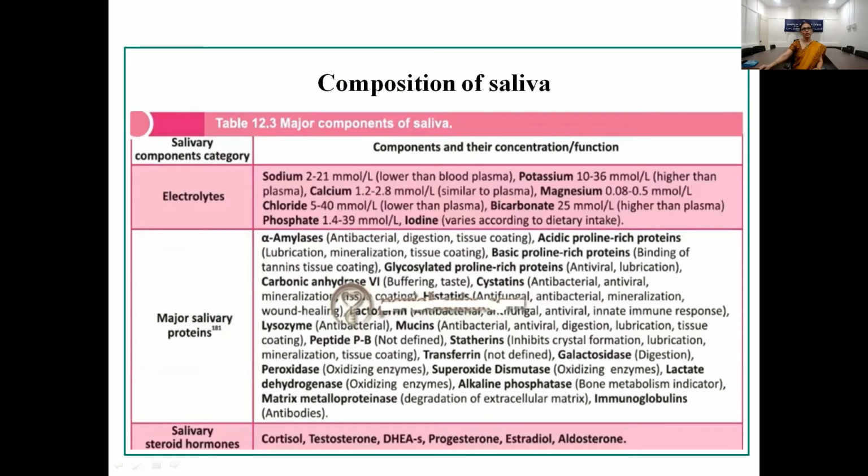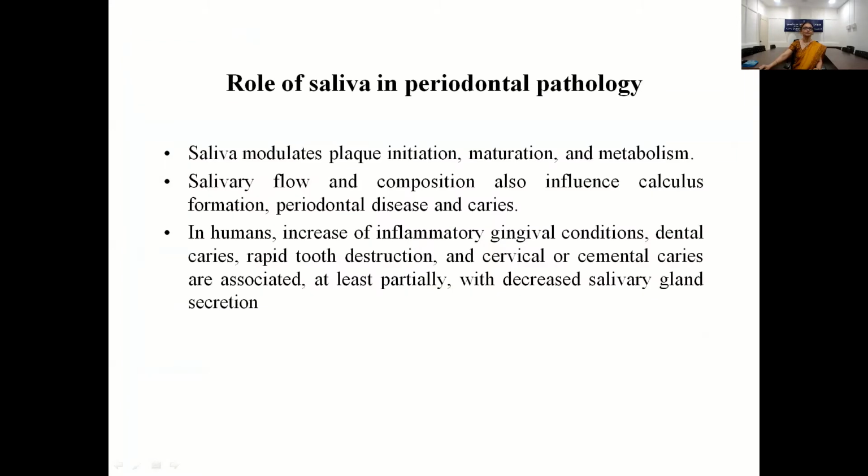Major salivary proteins are alpha amylases, acidic proline-rich proteins, basic proline-rich proteins, glycosylated proline-rich proteins, carbonic anhydrase, cystatins, peroxidase, superoxide dismutase, lactate dehydrogenase, and matrix metalloproteinase. Different salivary steroid hormones are cortisol, testosterone, progesterone, estradiol, and aldosterone.